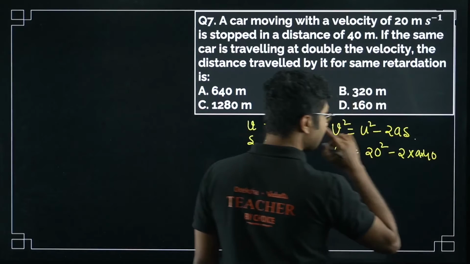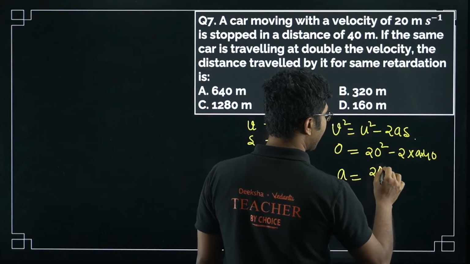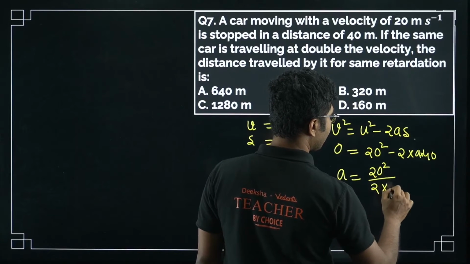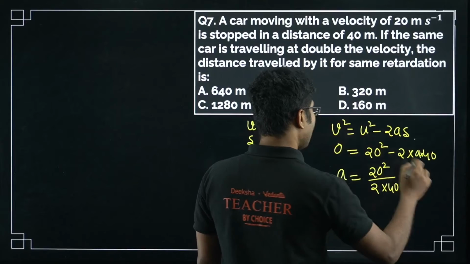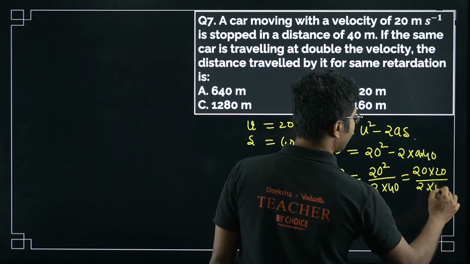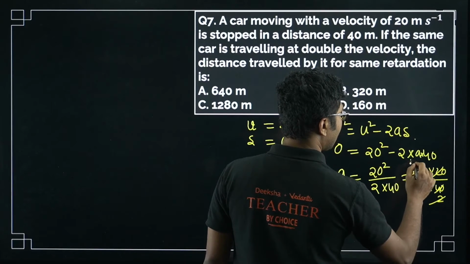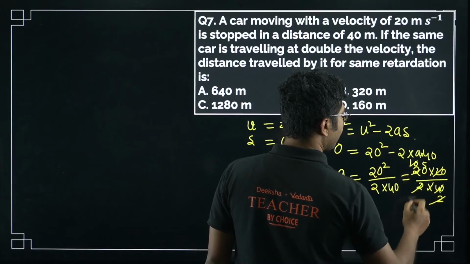So we have to calculate the deceleration first. So a equals 20 square divided by 2 into 40. That will be 20 into 20 divided by 2 into 40. So it will be 5.